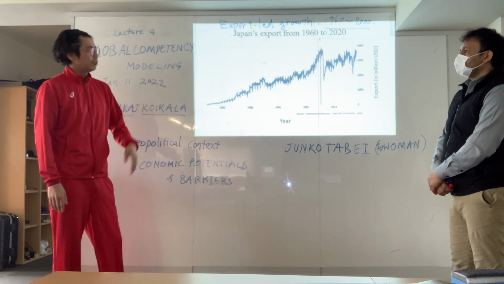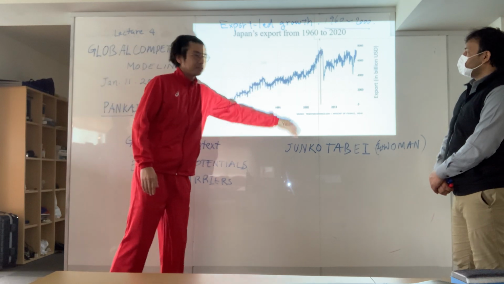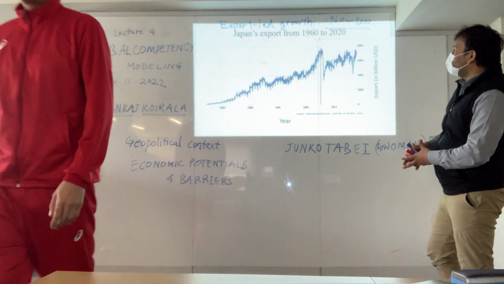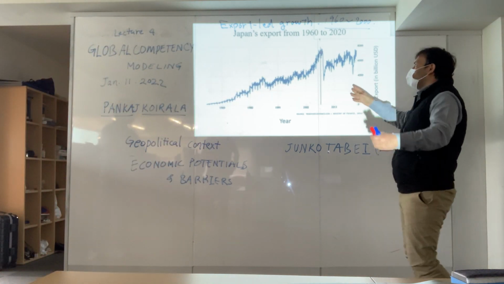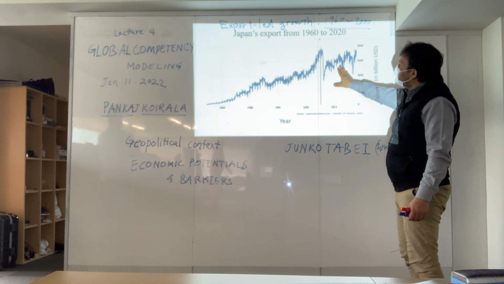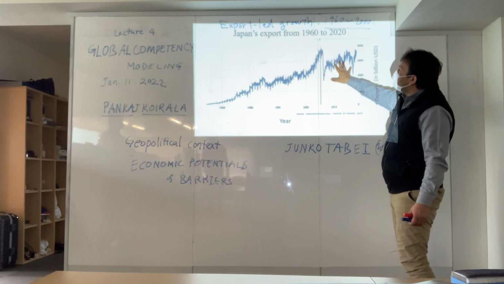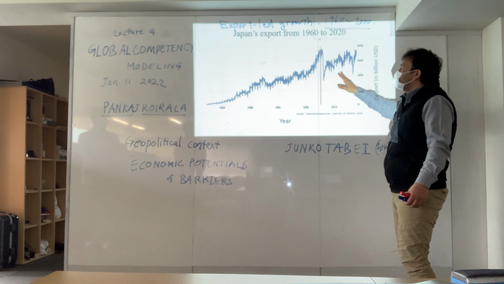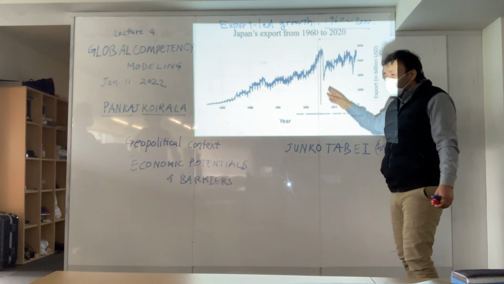From your standpoint, please guess why Japanese export got stagnated. Based on my limited knowledge, Professor, because I'm from Nepal, I'm not fully knowledgeable. However, after this period, probably Japan found several competitors.